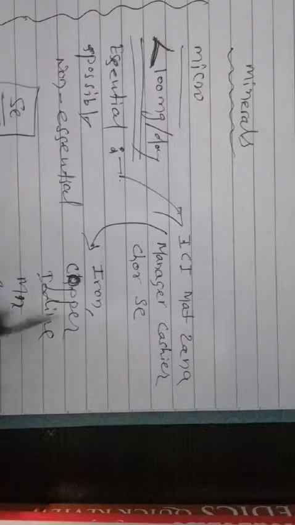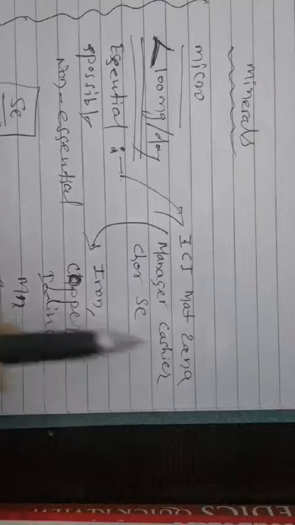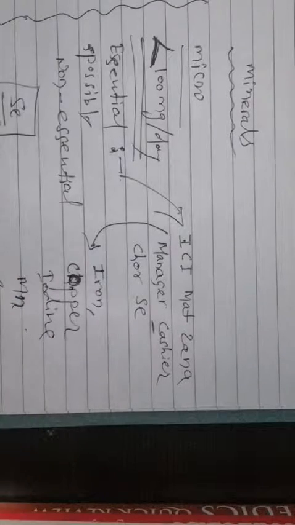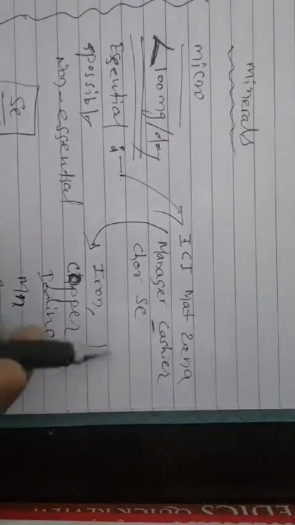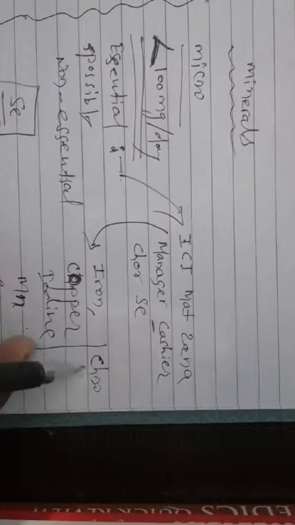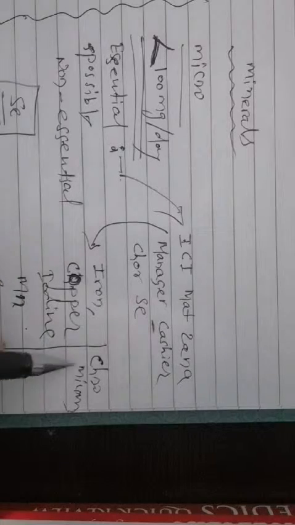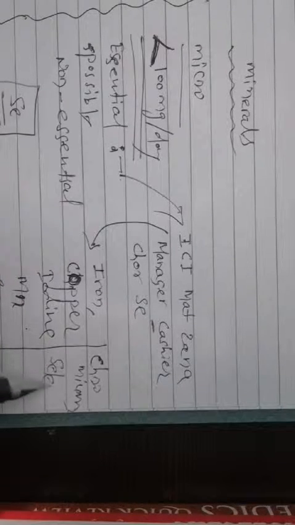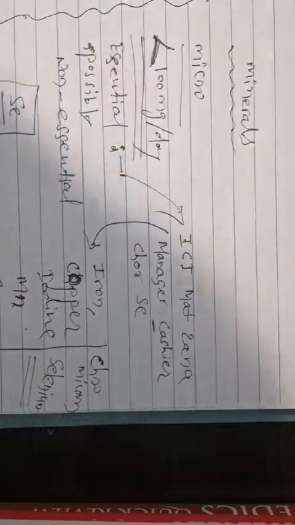Manager is for molybdenum, C of cashier is for cobalt, then C of chore is for chromium, and then Se is for selenium. Please remember this.